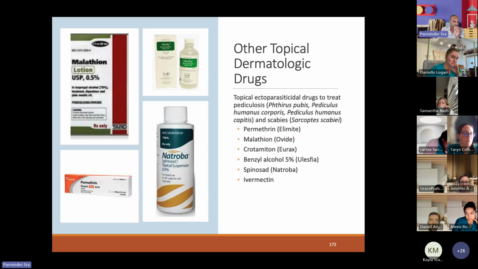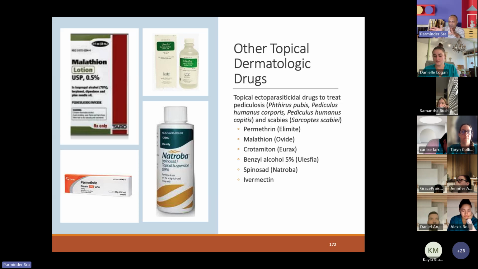So these drugs can help kill them, and then you still need to use the special lice comb so that you can pull away all those nits, the eggs, as well. Some patients may need repeated treatment. You also need to wash their clothes and everything in hot water, or seal them in a closed bag for a few days, and then wash it.